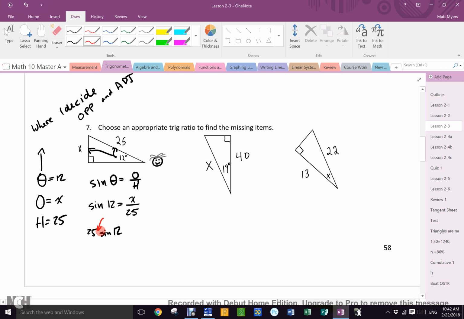Some calculators make me have to push this button. Not all. That's got to be times. What is the answer? What is 25 times sine 12? 5.19. What's the next number? 7. So we would round that to 5.2.